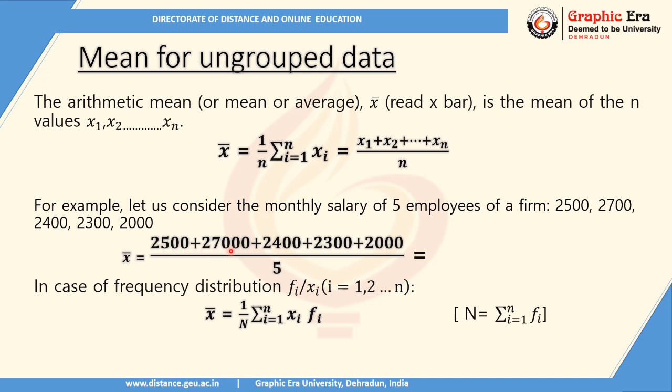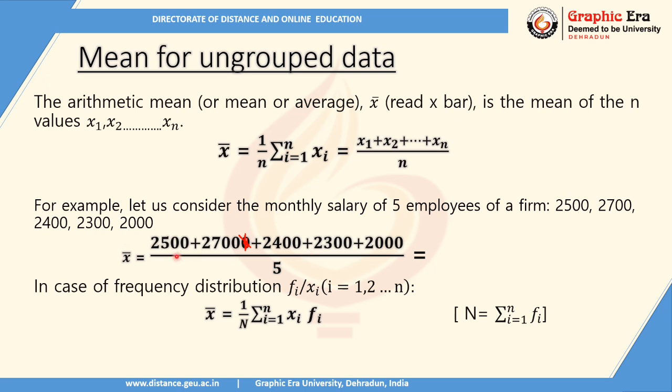2500, 2700. Okay, I wrote this wrong. This 0 must not be there. So 2500 plus 2700 plus 2400 plus 2300 plus 2000. So what is the sum?